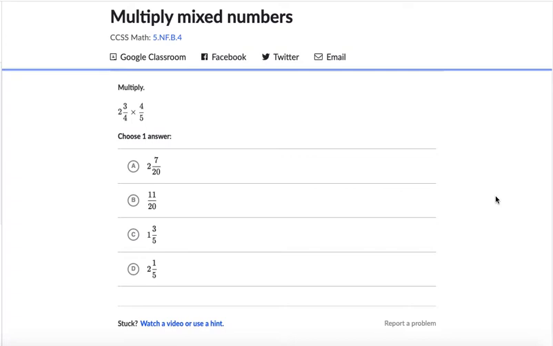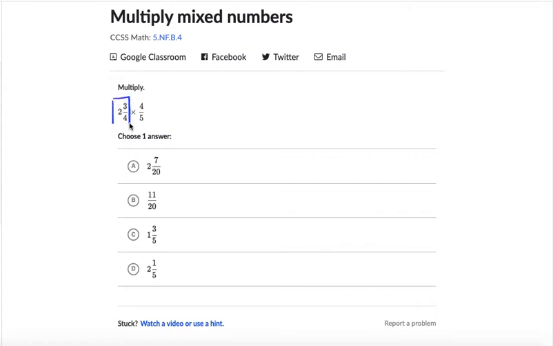Here's another example, and we've got options here. The interesting thing is that it's really excluding the idea of doing improper fractions, but it's the same situation. This 2 3/4 is 2 plus 3/4. Once again, all we're doing is breaking it up into a distribution problem.